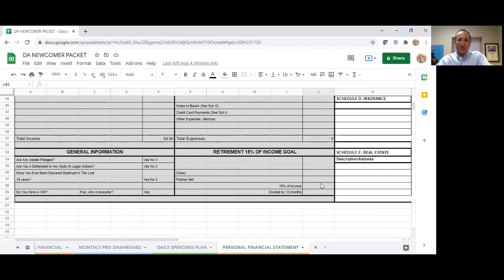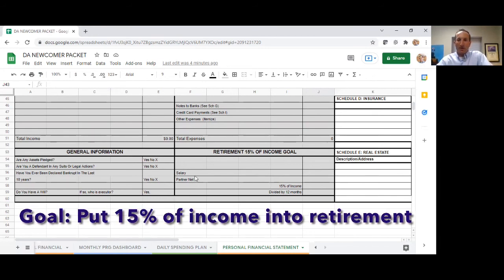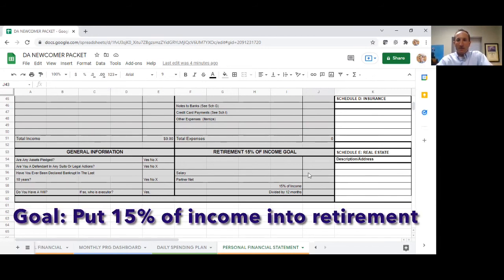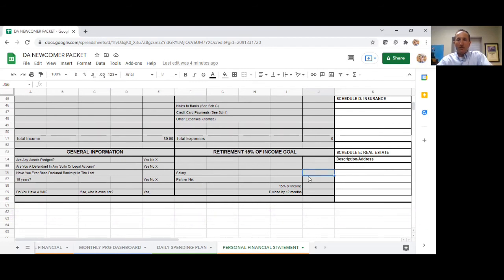I made this little section because my goal is to put 15% of my income into a retirement account. And so I wanted to know what my salary is plus my partner's salary, and then put a formula in here to come up with what's 15% of that income.